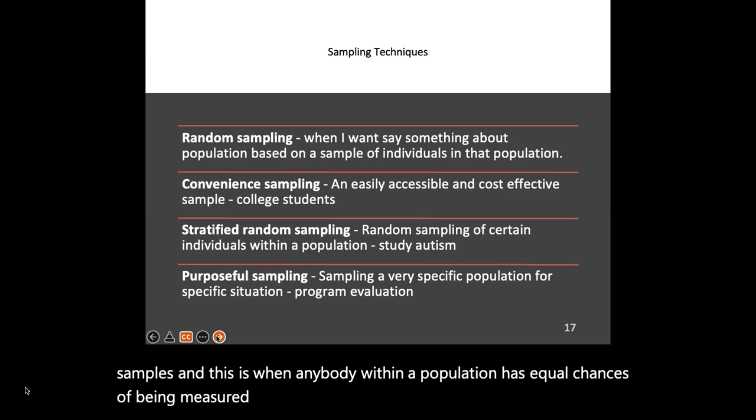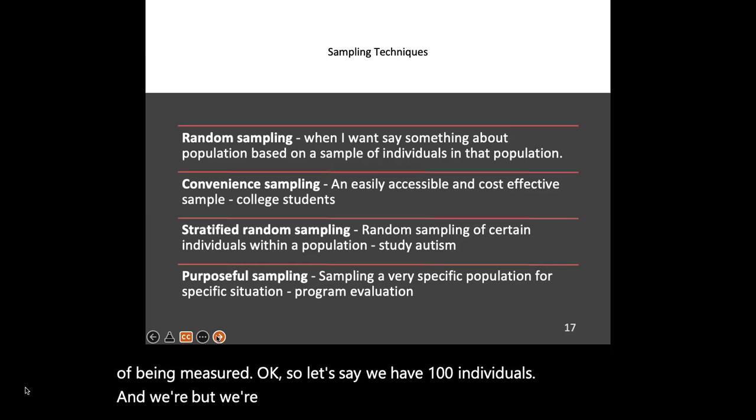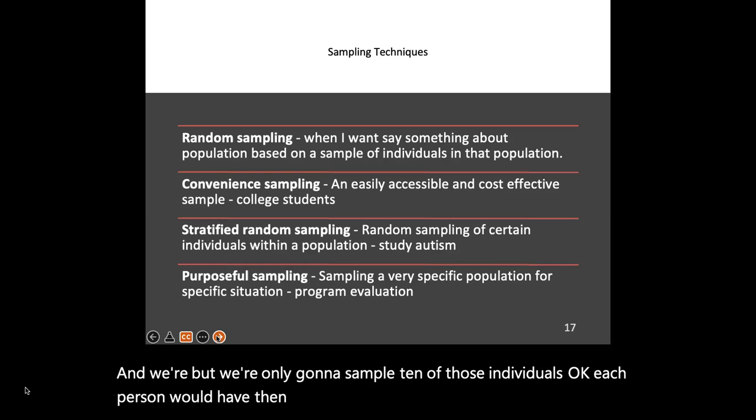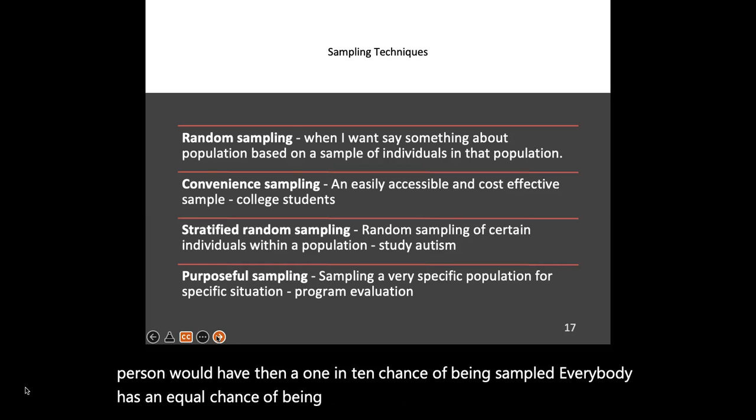Okay. So let's say we have 100 individuals, and we're only going to sample 10 of those individuals. Well, each person would then have a 1 in 10 chance of being sampled. Everybody has an equal chance of being sampled. Okay.